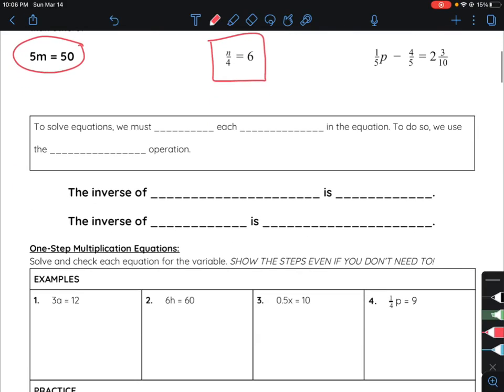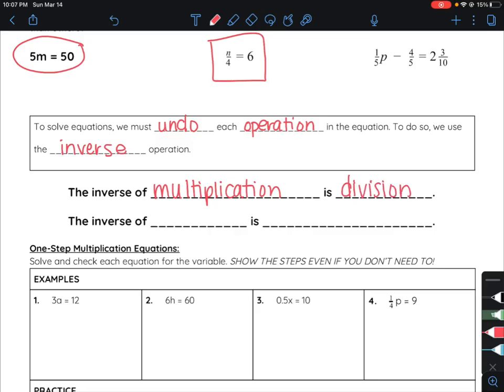So just like with adding and subtracting, to solve equations, we must undo each operation in the equation. To do so, we use the inverse operation. This should sound familiar, but now the inverse of multiplication is division, and reverse that, the inverse of division is multiplication.